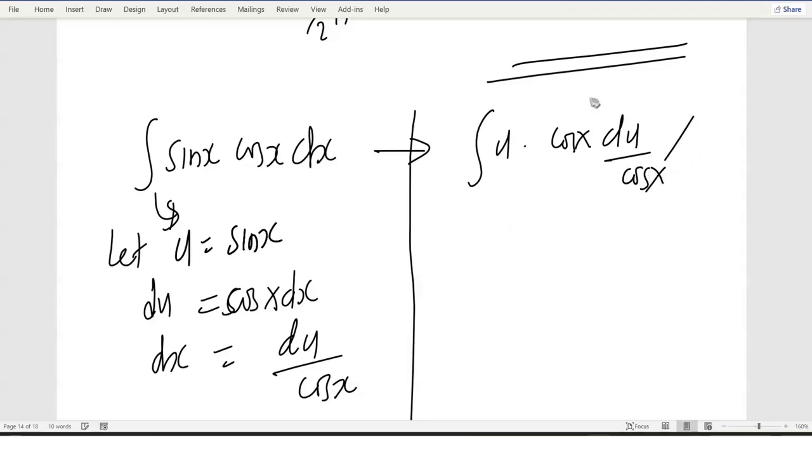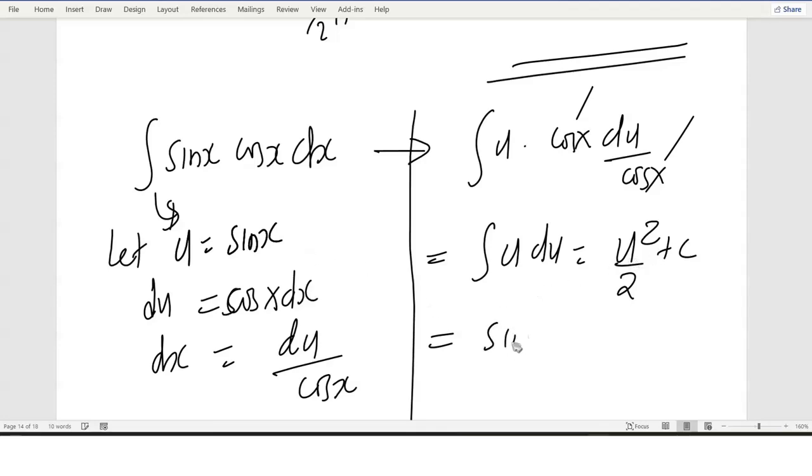So I cancel that and that, and this becomes integral of u with respect to u, which becomes u squared out of 2 plus, obviously, a constant because this is an indefinite integral. So this is the normal integration, only that we incorporate a constant. So u is sine x. So this becomes sine squared x divided by 2 plus c.